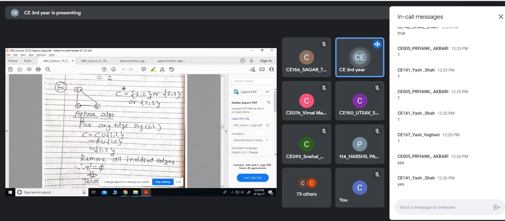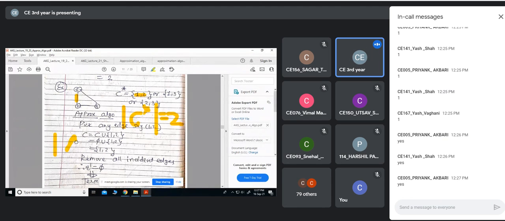And one last example here. The size of C star is 2. And the number of edges selected is just 1, because just one edge will be picked by the algorithm, either 1, 2 or 2, 3.